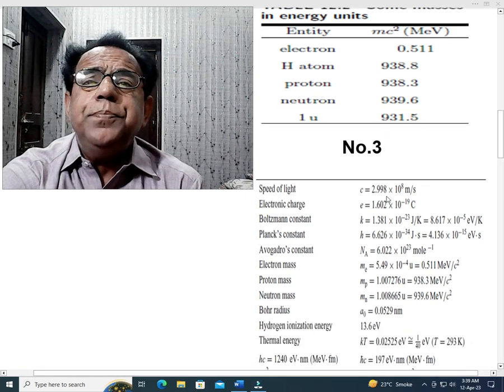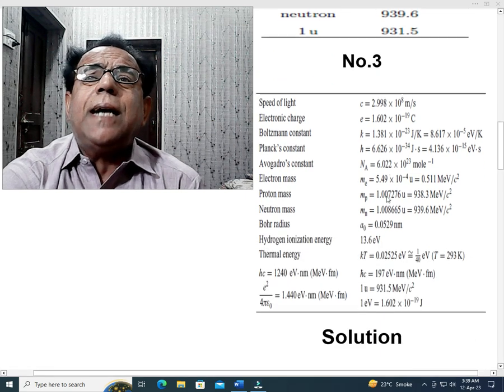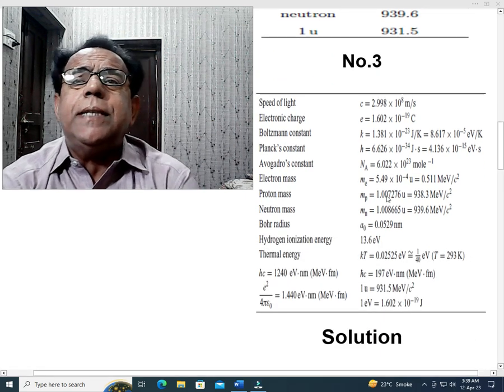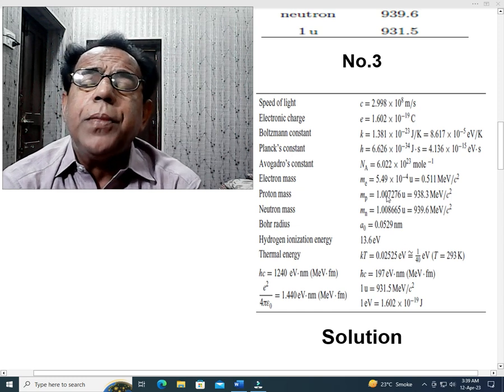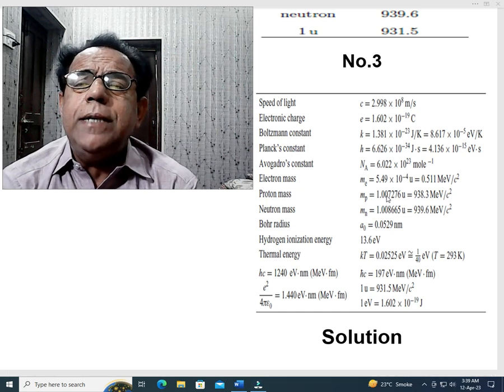Dear students, tool number 3 has also been used several times in our previous problems. From this tool, speed of light c equal to 2.998 into 10 to power 8 meter per second will be used.